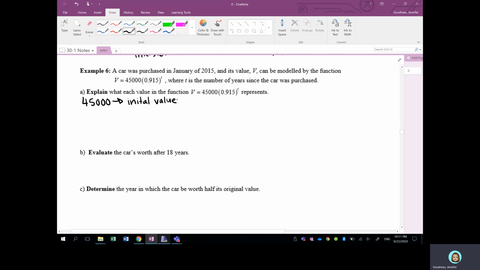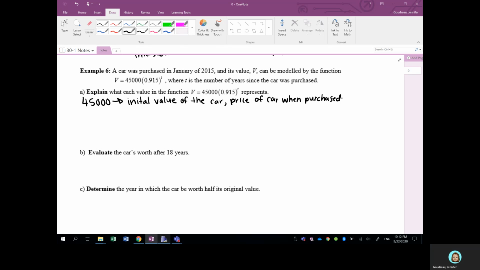We want to say that 45,000 is the initial value of the car, or we could also say it is the price of the car when purchased. But we need to be specific. We need to answer in the context of the question. So just saying it's the A value or just saying it's the initial amount is not enough. We have to say that it's the initial value of the car, the value of the car when we purchased it.